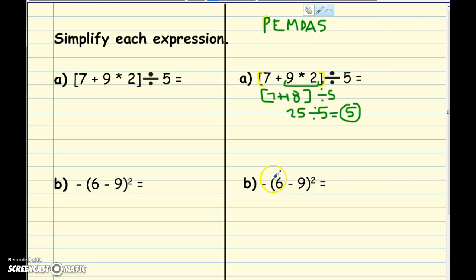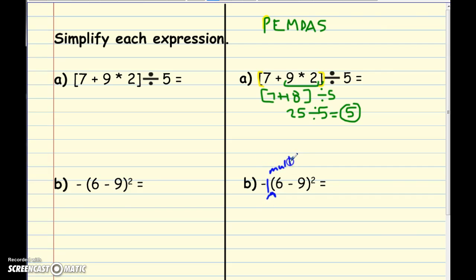We have a negative times the quantity of 6 minus 9 squared. So we've got a bunch of things going on here. The first thing I want you to imagine is that there's actually a -1 out front of the parentheses, and anytime you see a number next to any of these grouping symbols, parentheses, brackets, square roots, absolute value, I want you to think of the fact that it means to multiply.